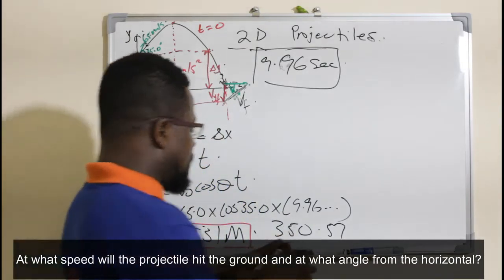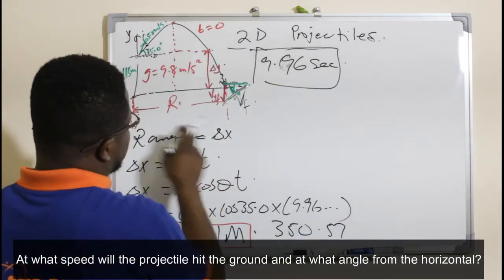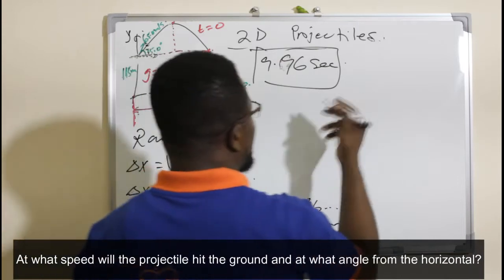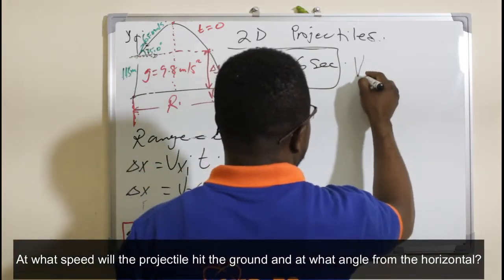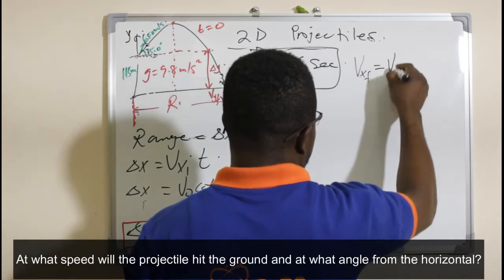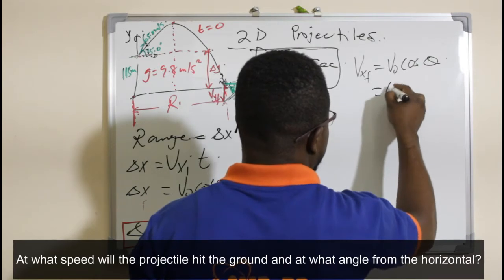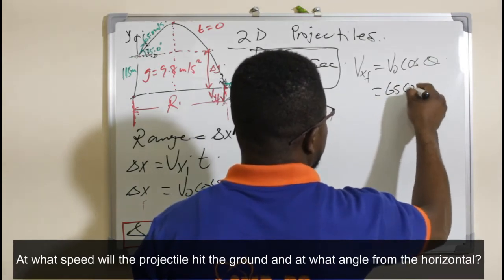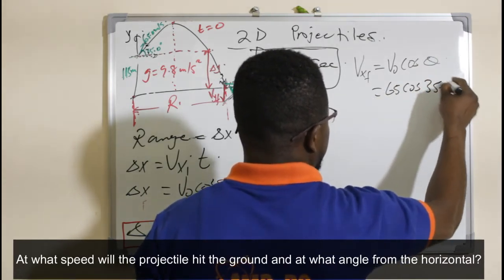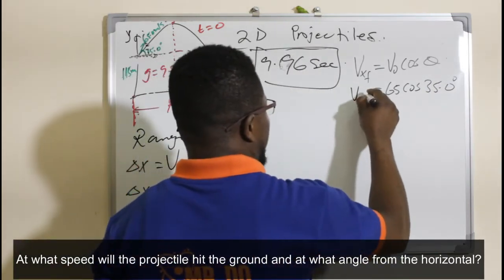And that means from here, the value of the x component is the same as the value of the x component here. So we're going to say that our Vx final is now going to be our V naught cos theta. And that is 65 cos 35.0 degrees. That is it. That is going to be our Vx final.